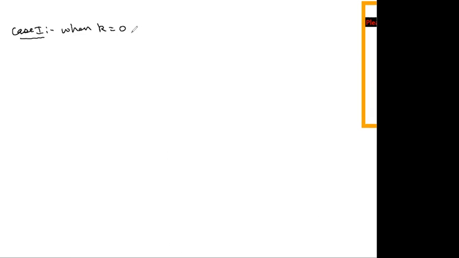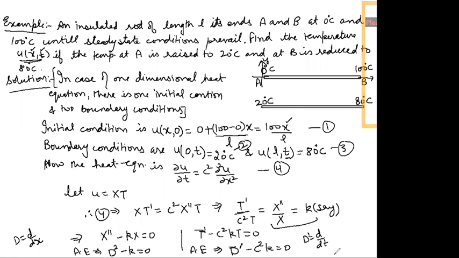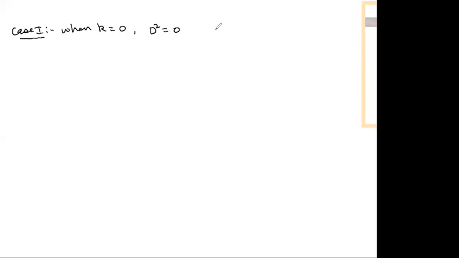So now when k is equal to 0, we have D square is equal to 0 and D dash is also equal to 0.